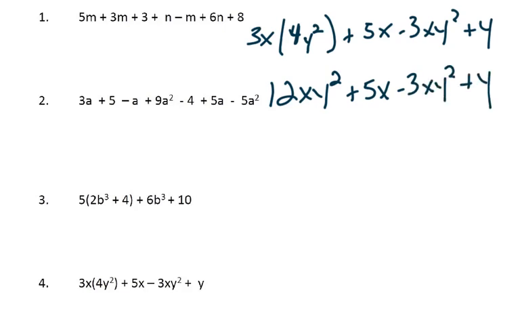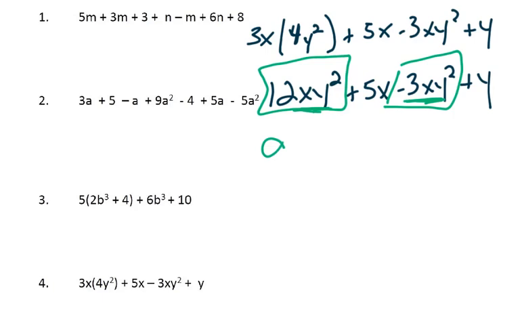Okay, so now we need to look for same base, same exponent. Here's my base and exponent. Look, there I have those. They match, right? It's kind of like playing that matching game. I'm going to box those. So 12xy squared minus 3xy squared is 9xy squared. I'm going to bring down plus 5x plus y.